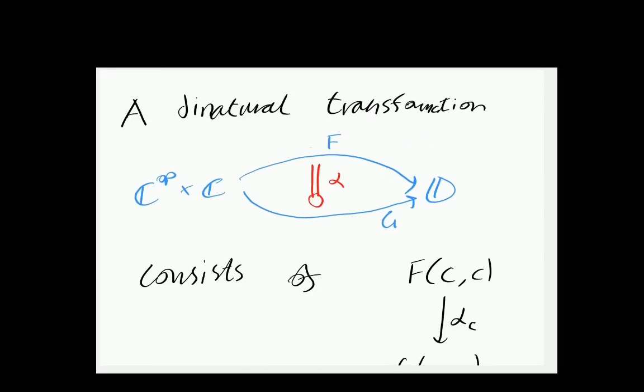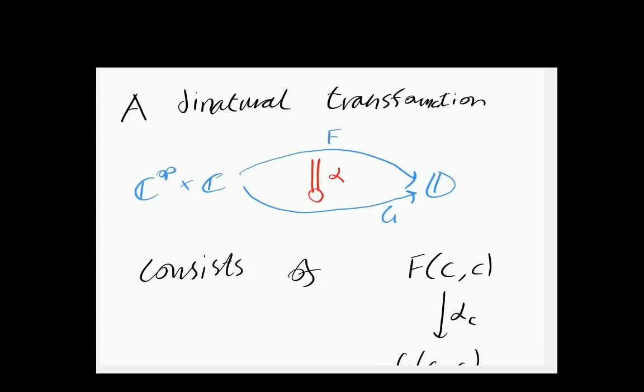So when we have bifunctors F and G, which really are just functors from C up times C to D, well then we define a dinatural transformation alpha from F to G, and we write it like this, so sort of these two lines and this little circle on it. Well, this dinatural transformation alpha consists of a load of arrows which are sort of indexed by objects of C, and they have to make certain diagrams commute.